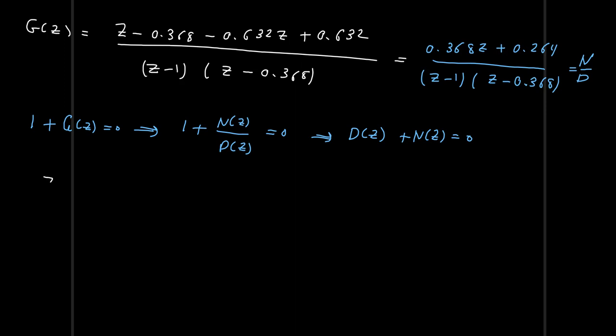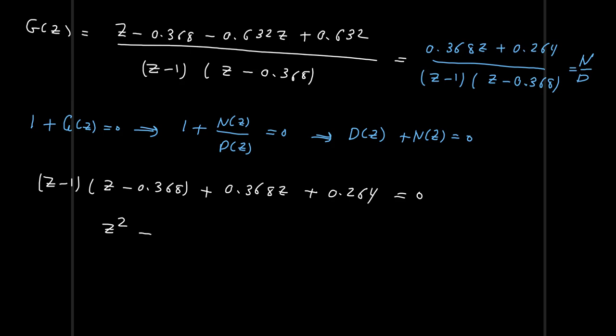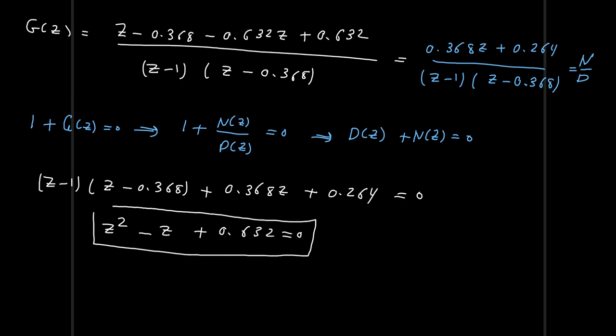So this will equal z minus 1 times z minus 0.368, this is the D, plus 0.368z plus 0.264 equal to 0. Now if we collect the terms, z square minus z plus 0.632 equal to 0 is our characteristic equation. So this is the characteristic equation.